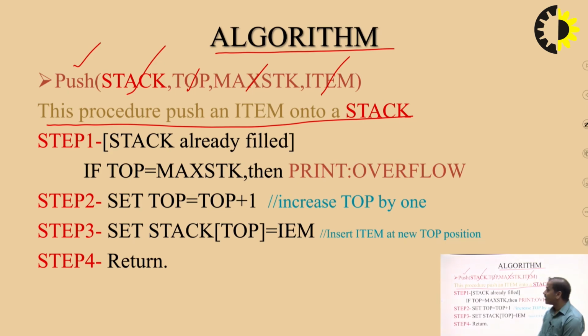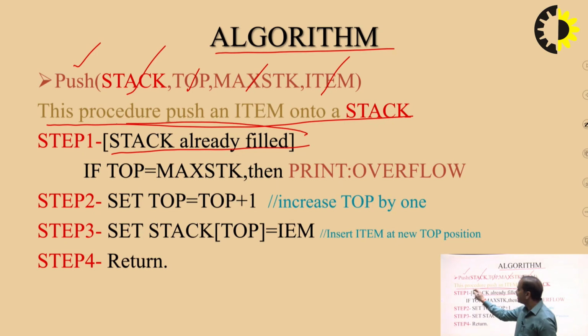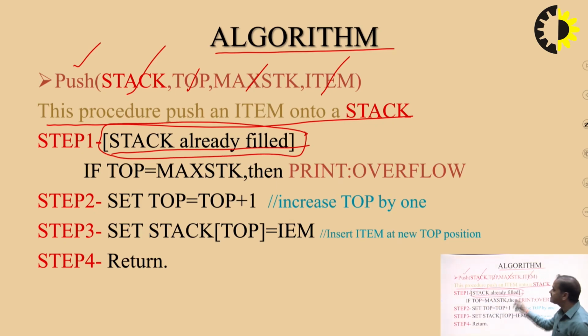Now, step 1. Step 1 tells about whether the stack is already filled. If we want to insert an element and there is no place inside the stack, then what can we do? We can't insert the element inside the stack. So we have to first check whether a place is available inside the stack or not. For that, we use this condition.